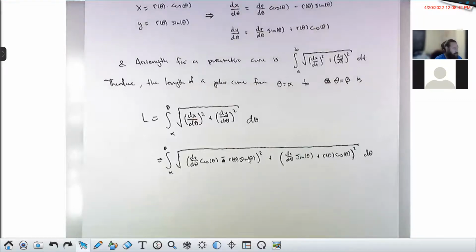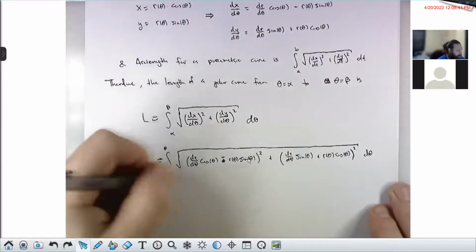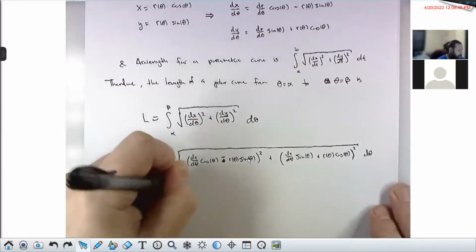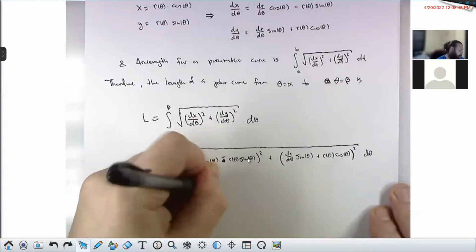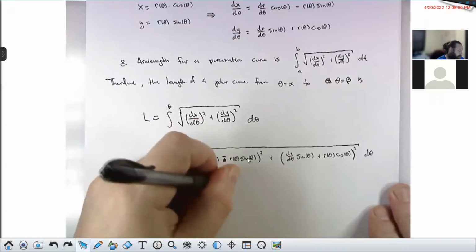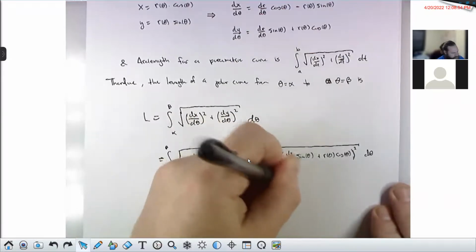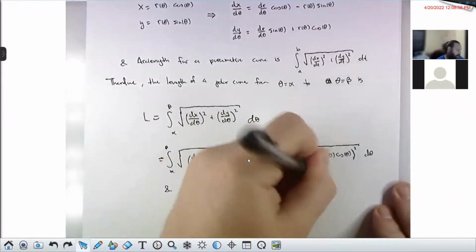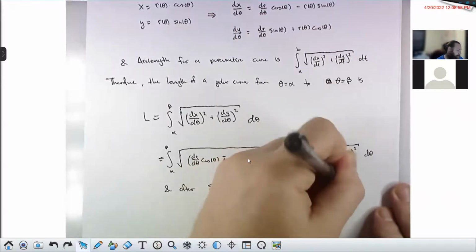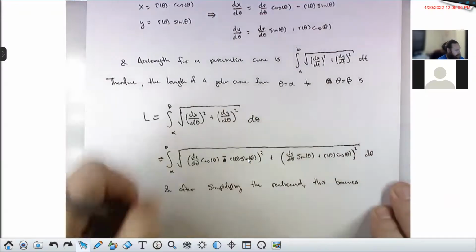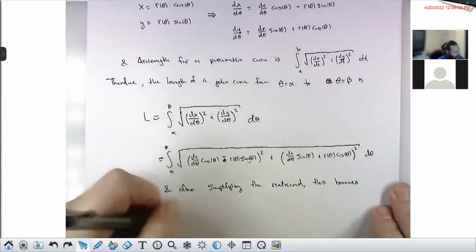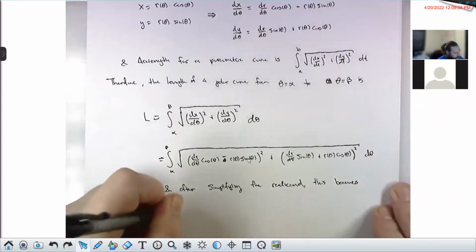Those will cancel. So after simplifying the radicand, this becomes L equals the integral from alpha to beta.